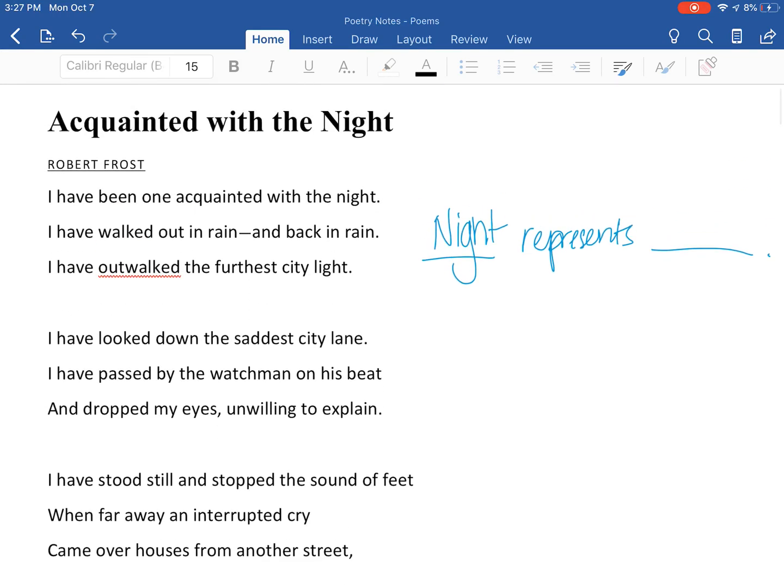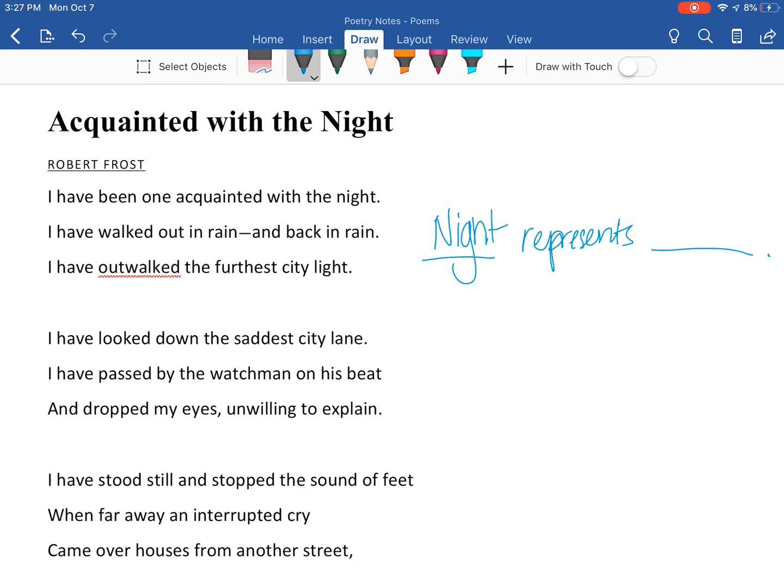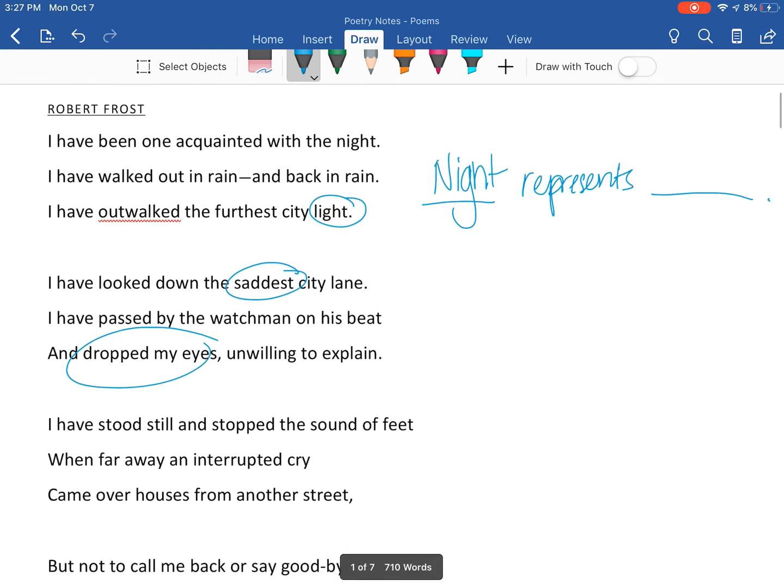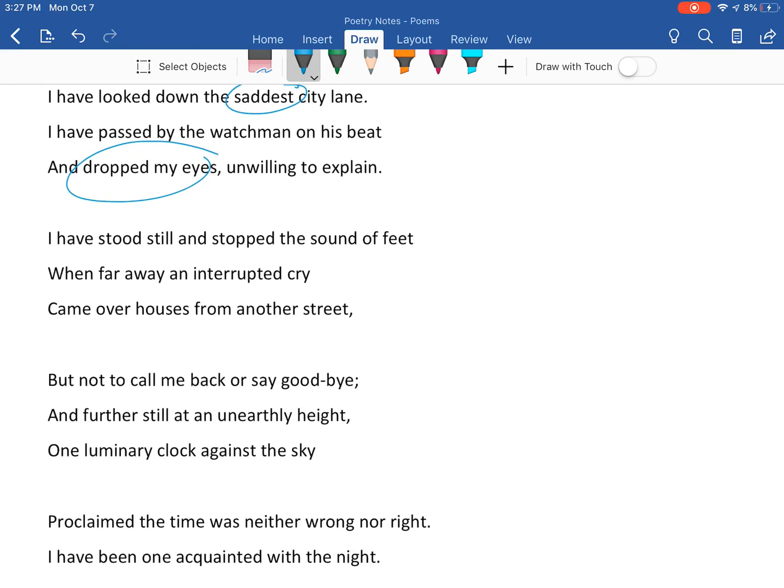So just off the bat, there's a few words that I want to draw your attention to. We have mention of light here, but then it goes to the saddest and the dropping my eyes. And then we come down here and talk about this interrupted cry, which I'll come back to in a second. But down here, we're back to this idea of luminescence, or luminary clock, which is related to light.